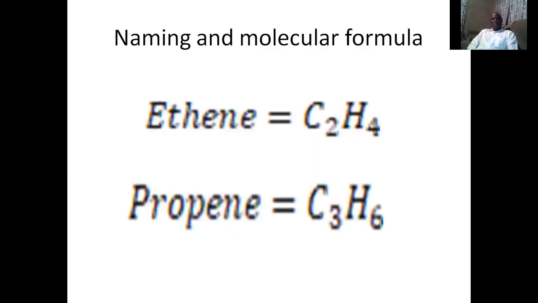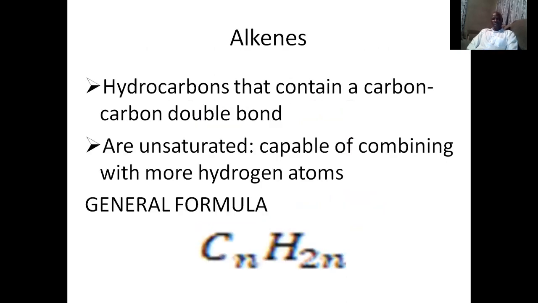So, for example, if we are to give a name to the simplest alkene, it is ethene. We cannot have methane because, as we indicated earlier, we need to have at least one double bond between a carbon atom and another carbon atom.